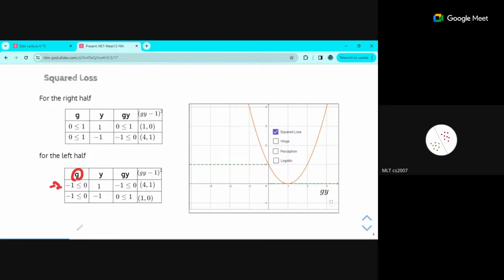So W transpose X equal to -3, but my true label is 1. So the product will result in -3, right? So -3 minus 1 is -4, squared, it should be 16. So in this case it makes sense, right?